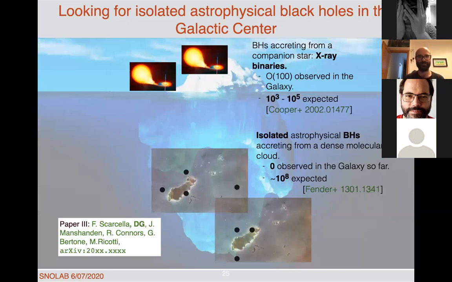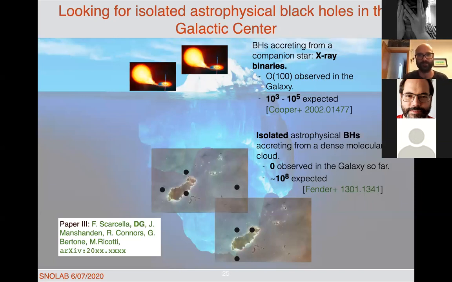And actually, okay, just to flash another application. We focused on the primordial black holes, but this method of looking at the radiation that is possibly emitted by matter that is being accreted onto black holes can possibly be applied to the guaranteed population of astrophysical black holes that we have in the galaxy.